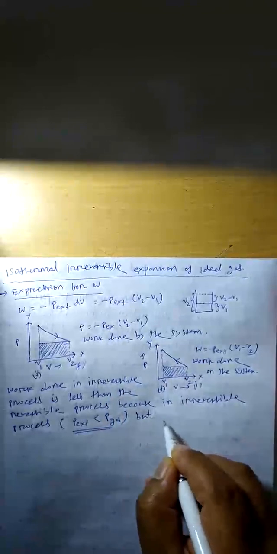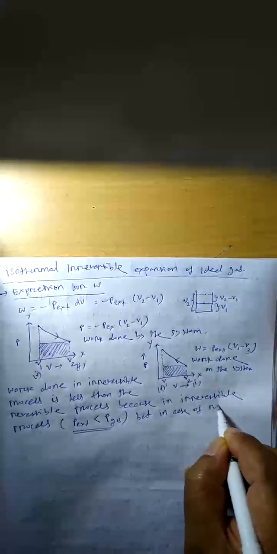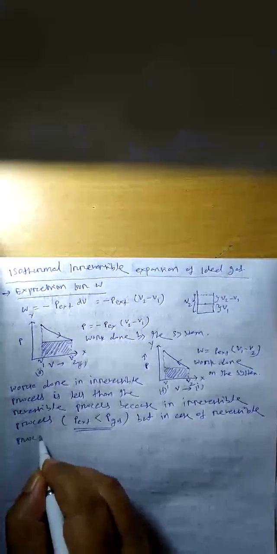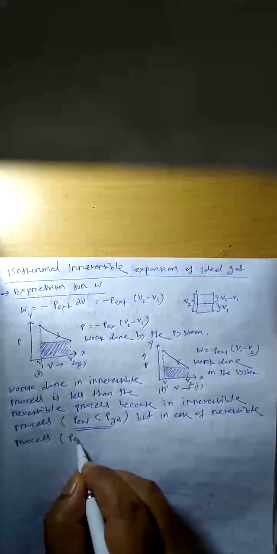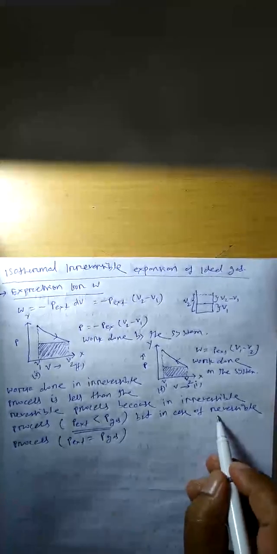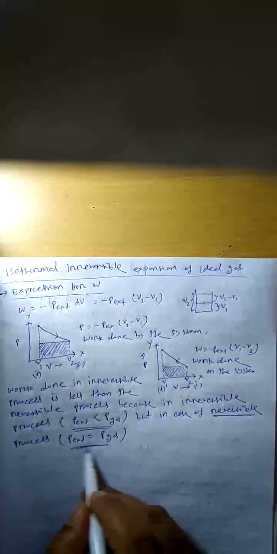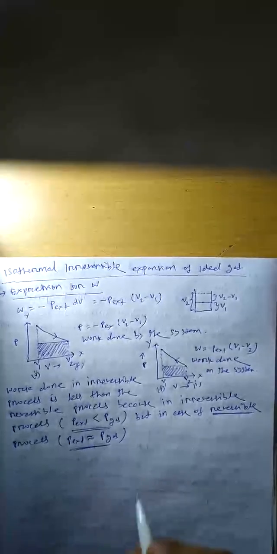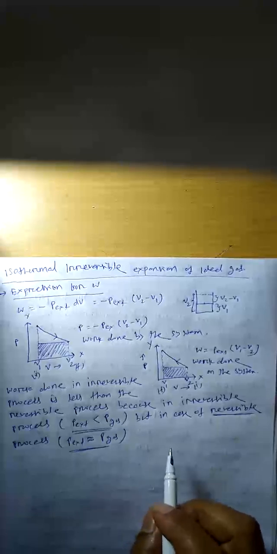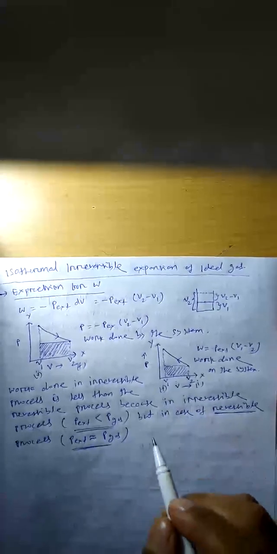But in case of a reversible process, the external pressure is equal to the pressure of the gas. In the reversible condition, the external pressure is almost equal to the gas pressure. That is why in the irreversible process, the work done is less than that of the reversible process.